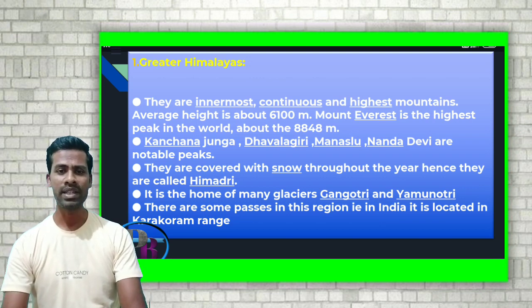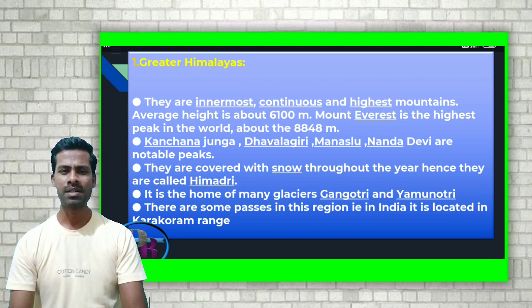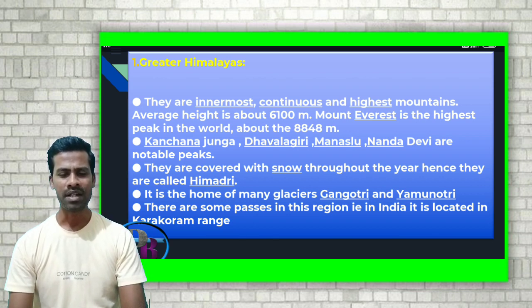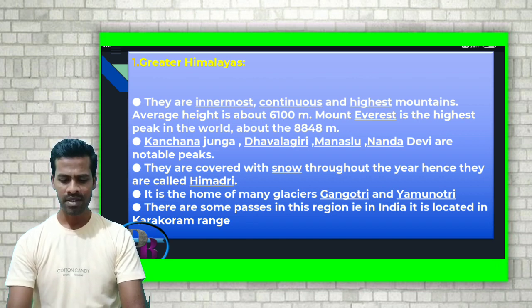Glaciers are a type of river in which ice and icebergs move very slowly along the basin of the river. For example, Gangotri and Yamunotri are the best examples of glaciers in the Greater Himalaya.